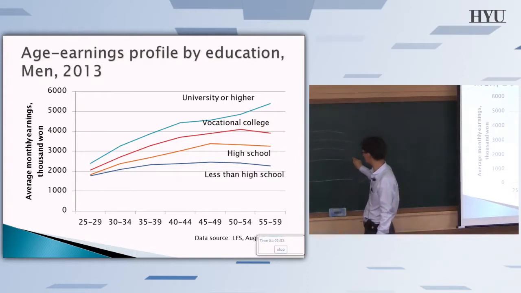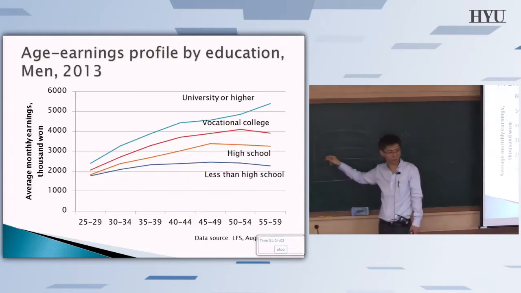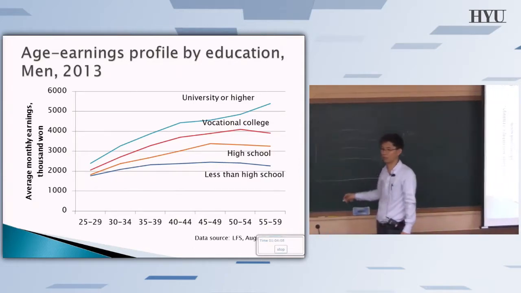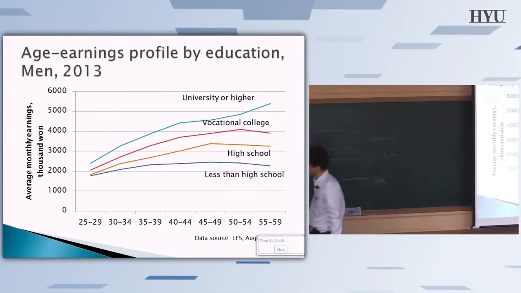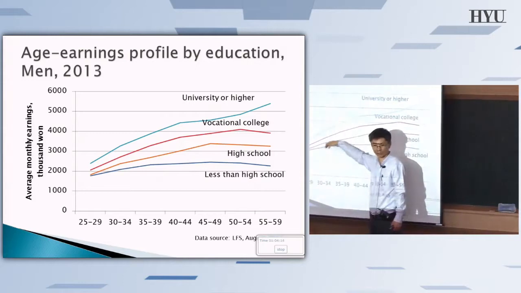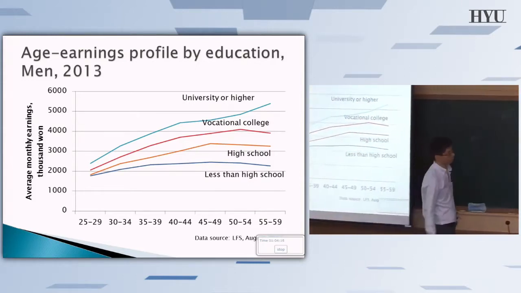Like a high school here, like a university here. It should be flat, because they just simply get the return from their own schooling investment. But in actual shape, it's increasing. So that means there must be post-school investment in human capital.